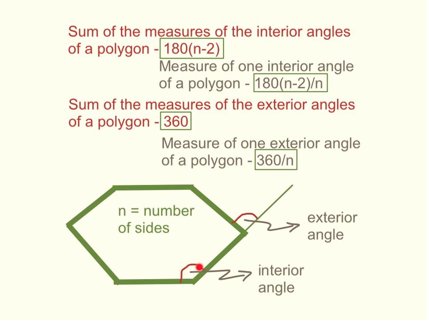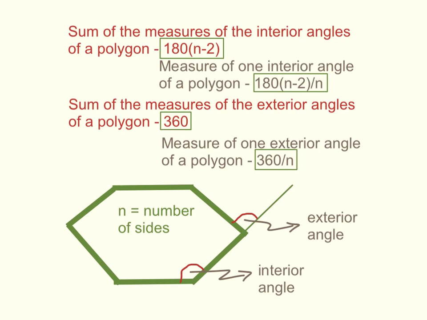All right, and I've tried to show you an interior angle in here, just definition wise. These are the interior angles inside here. Well, if these are the interior angles, then this angle here would be an exterior angle. And there is an exterior angle at each of these vertices, but I've just drawn this exterior angle right here. If I took all of those exterior angles and added them together, the sum of the measures of the exterior angles of every polygon is 360 degrees.